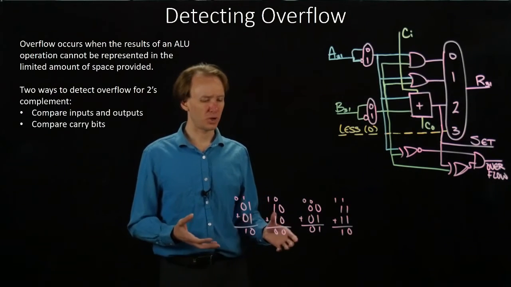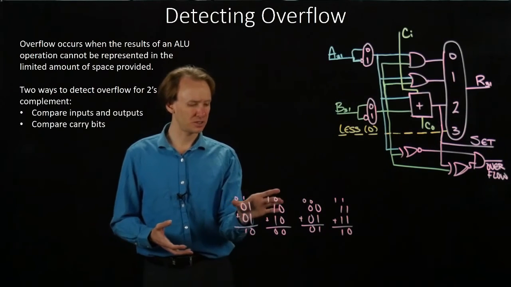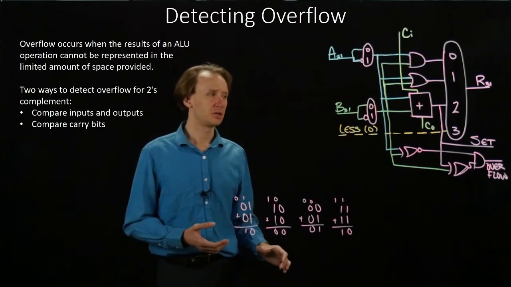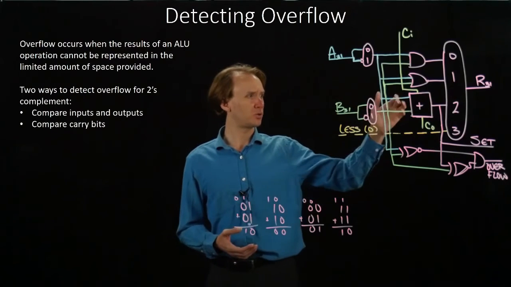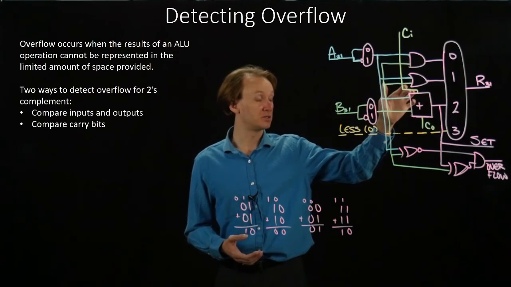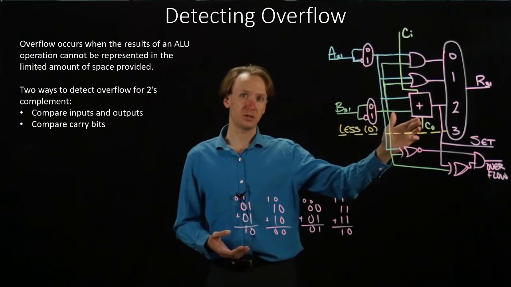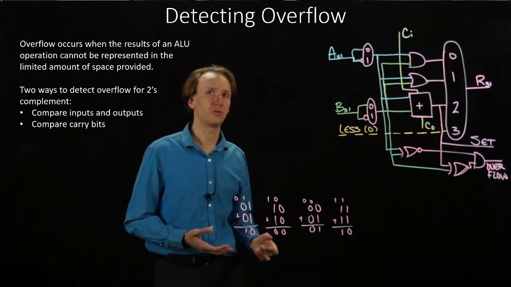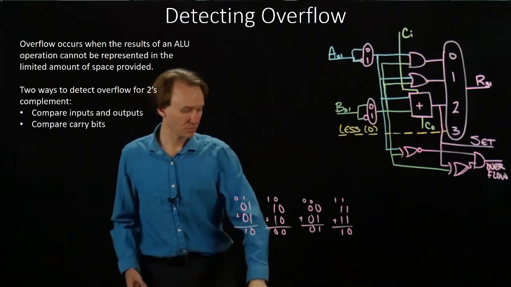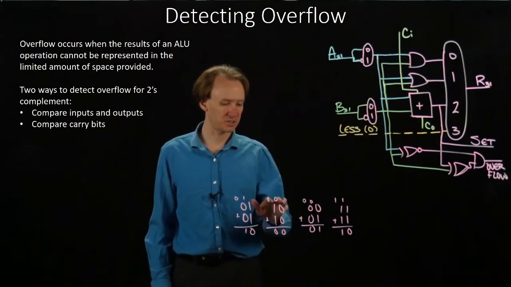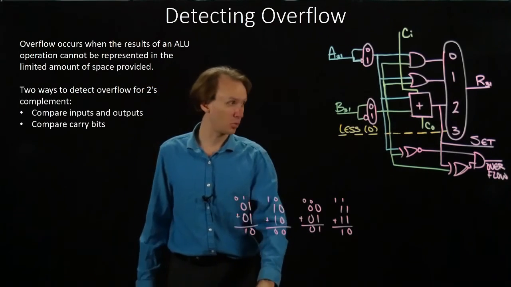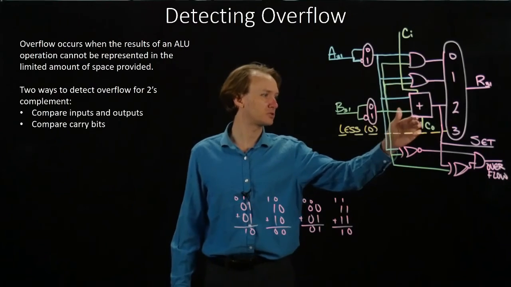So it turns out another way we can detect overflow is by looking at these carry bits. If the carry bit to our most significant adder is different from the carry out bit, then we also have overflow. So in this case, that's really easy to check because now we just have to check parity for 2 bits, carry in versus carry out.